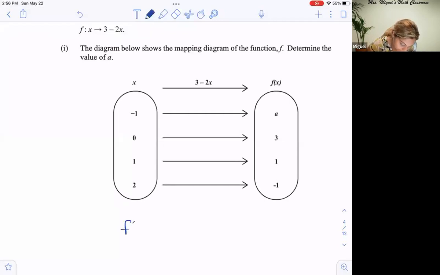So find for me f of minus 1 by replacing, and the function is 3 minus 2x. Remember, there's a negative sign here and there's a negative sign there. So be very mindful of that.